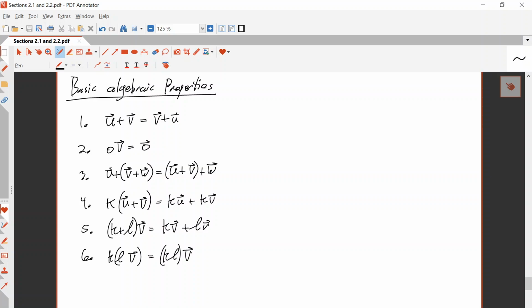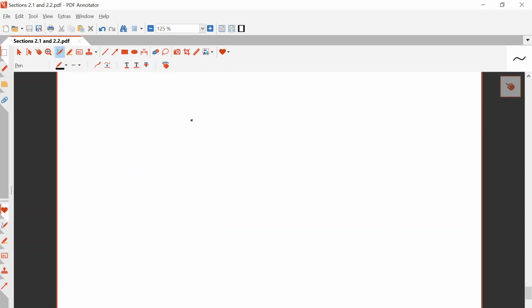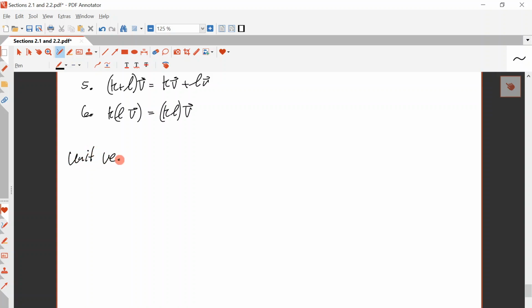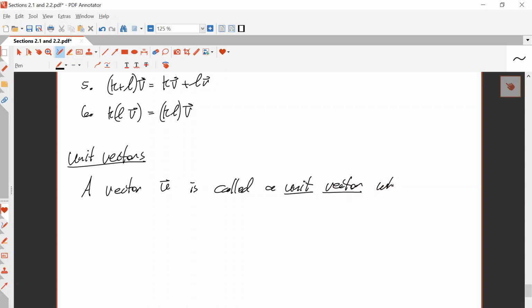All right. Definition. A vector u is called a unit vector when the length of u is 1.